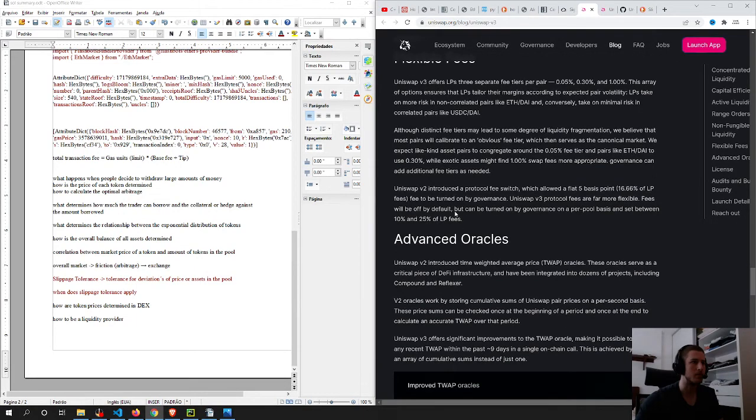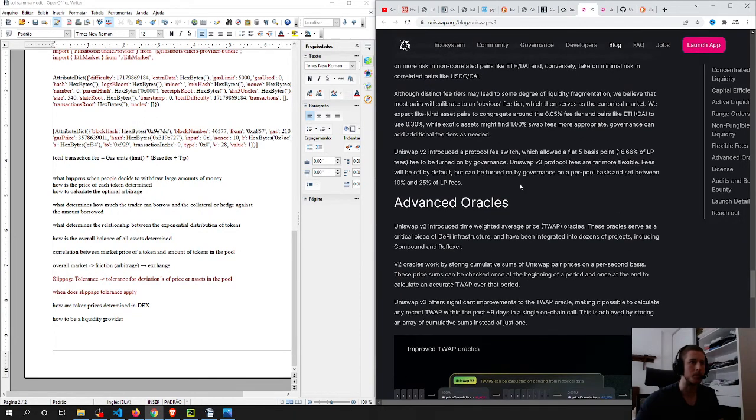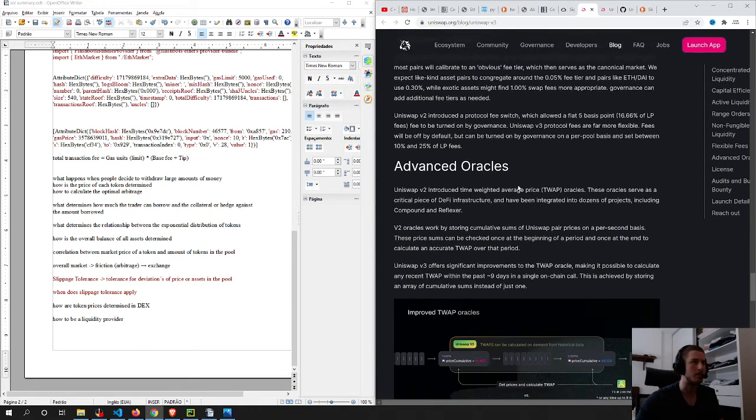Although distinct fee tiers may lead to some degree of liquidity fragmentation, we believe that most pairs will calibrate to an obvious fee tier, which then serves as the canonical market. We expect like-kind asset pairs to congregate around the 0.05% fee tier, pairs like ETH/DAI to choose 0.3%, while exotic assets might find 1% swap fees more appropriate. Governance can add additional fee tiers as needed.